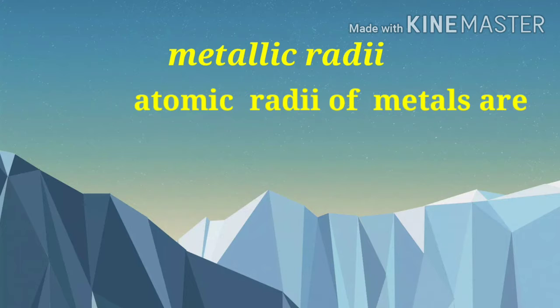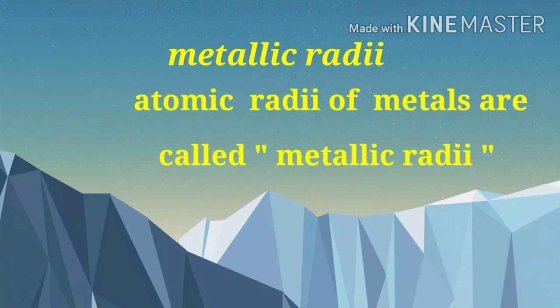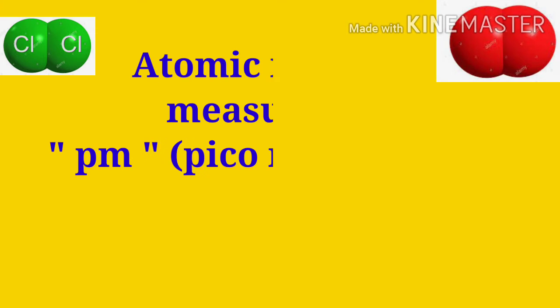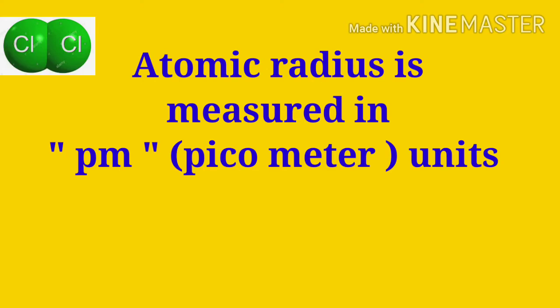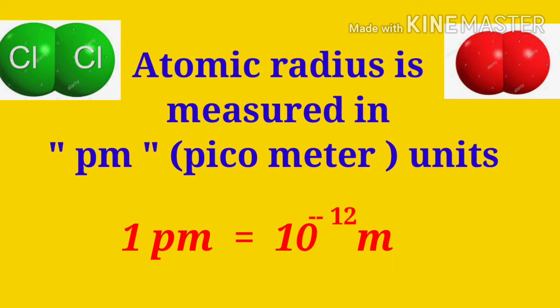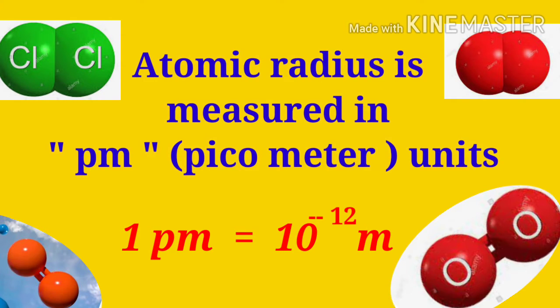Atomic radii of metals are called metallic radii. Atomic radius is measured in picometer units. 1 picometer is equal to 10 to the power of minus 12 meters.